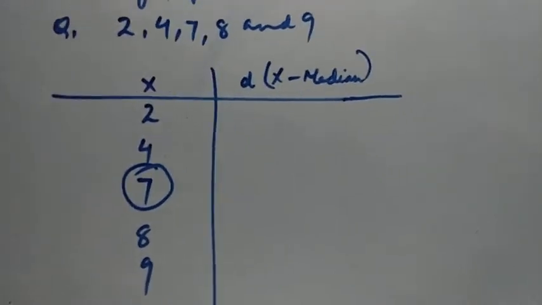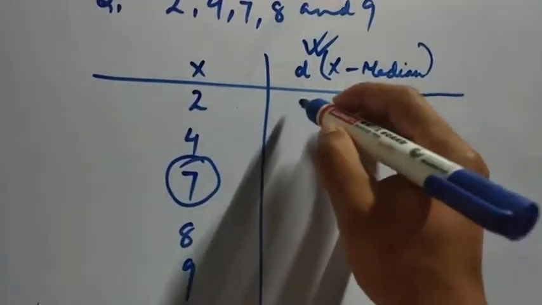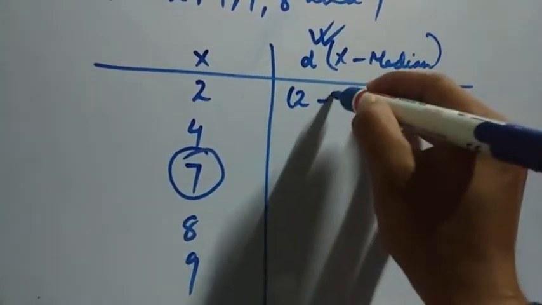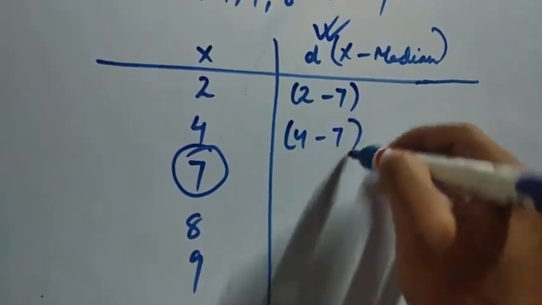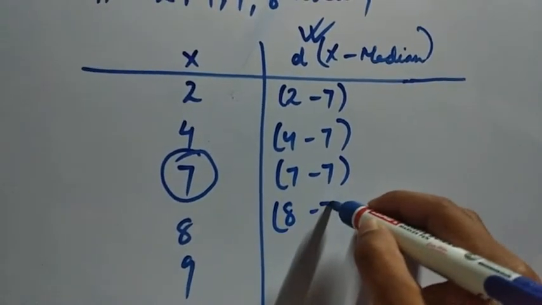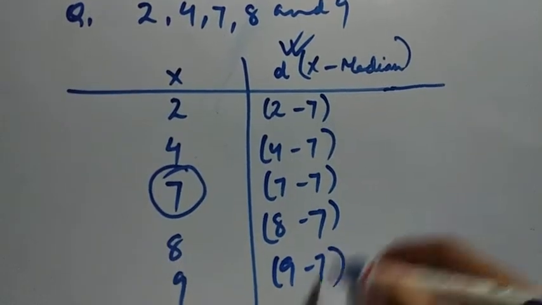After finding the median, you find D, and D can be found as given here: 2 minus the median, which is 7, then 4 minus 7, 7 minus 7, 8 minus 7, 9 minus 7.